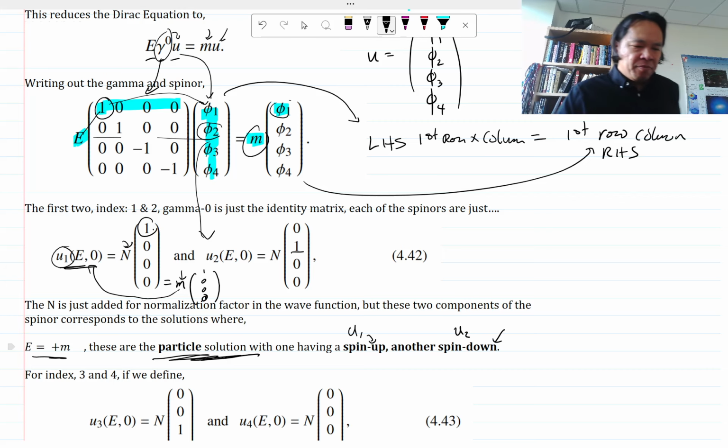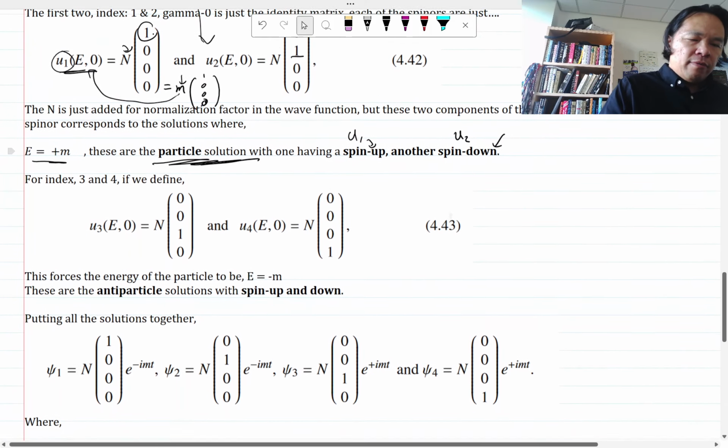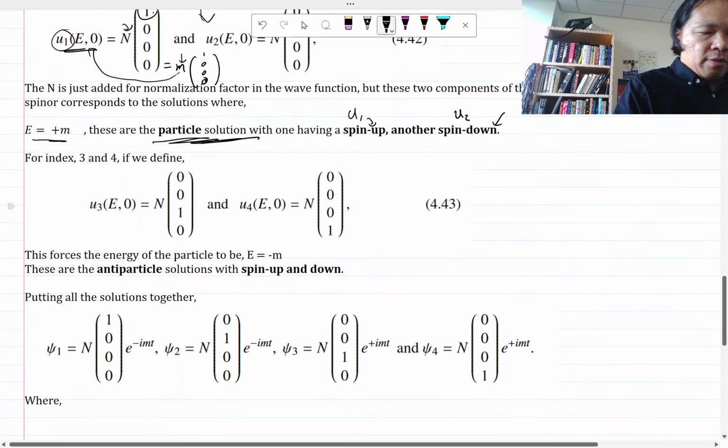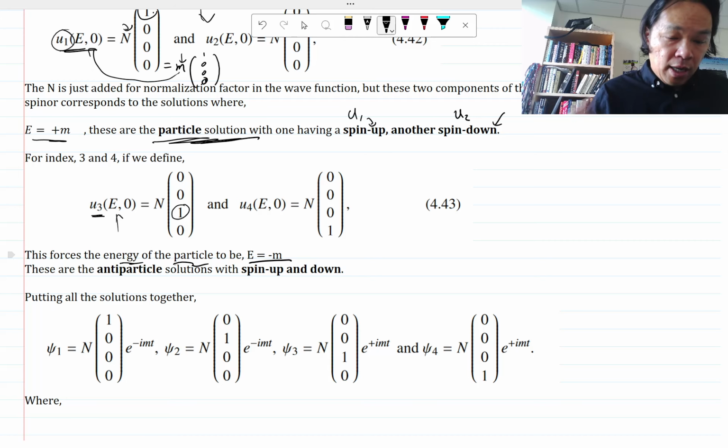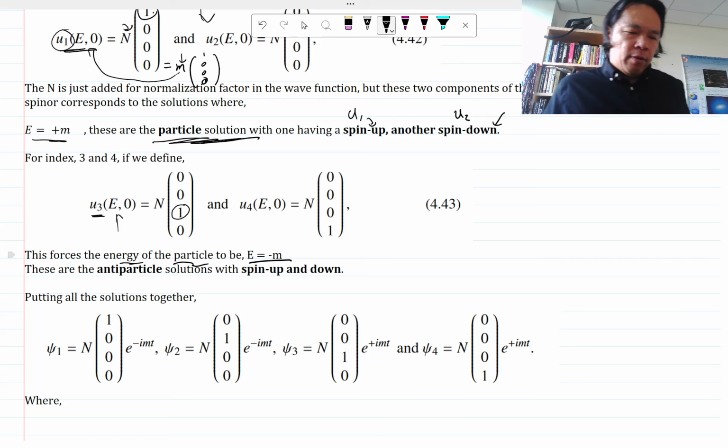For index 3 and 4, once again, if we define U3 to be equal to some normalization factor, and then put in 1 as the third component instead, what we're going to find is that this particular spinor is going to correspond to the energy of the particle being opposite, or negative, of the mass of the particle instead.